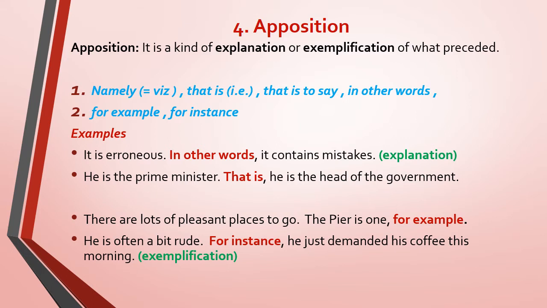We can place it at the beginning. Say, for example, the pier is one, full stop. Finally, he is often a bit rude. Note how we show an example of his behavior. For instance, he just demanded his coffee this morning. This is an illustration.